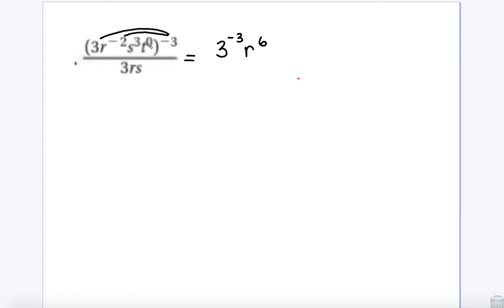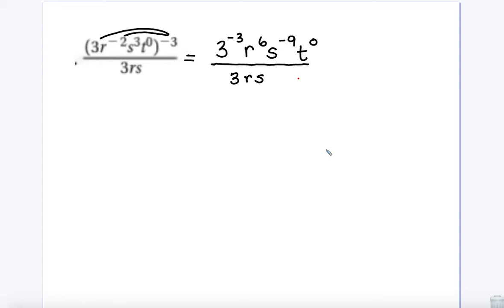S cubed to the negative 3. Remember, your inclination is to add. We're not going to add. We are going to multiply. That's going to be a negative 9. T is raised to the 0 times negative 3. That's still 0. Okay, so I've just simplified my whole numerator.